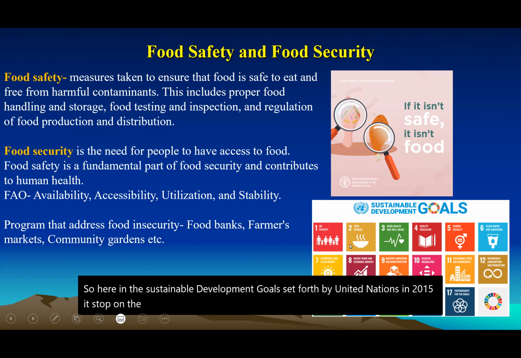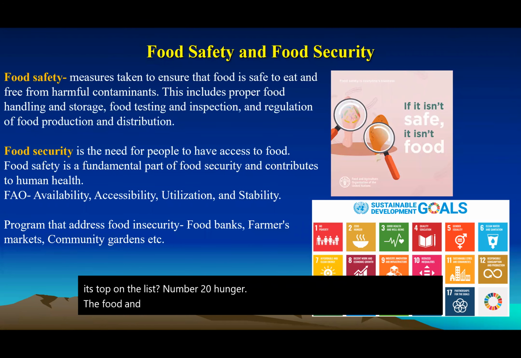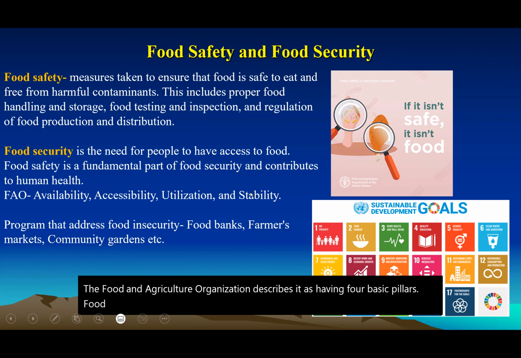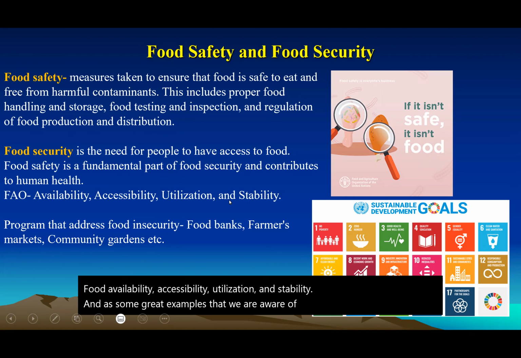Number 2, zero hunger. The Food and Agriculture Organization describes it as having 4 basic pillars: food availability, accessibility, utilization, and stability. And some great examples that we are aware of are food banks, farmers markets, and community gardens.